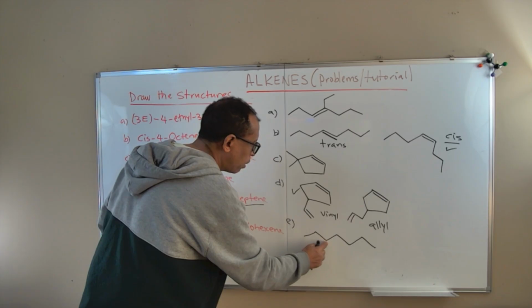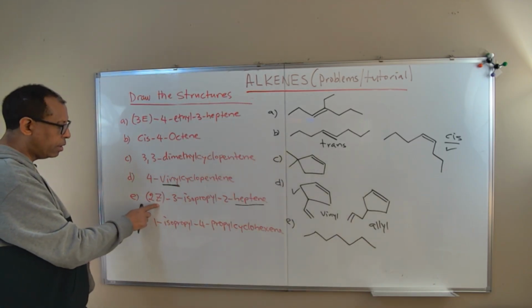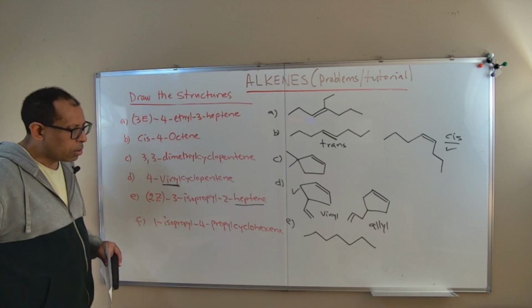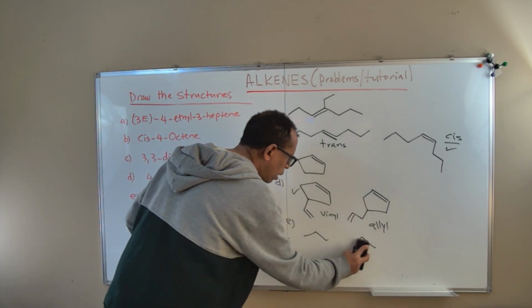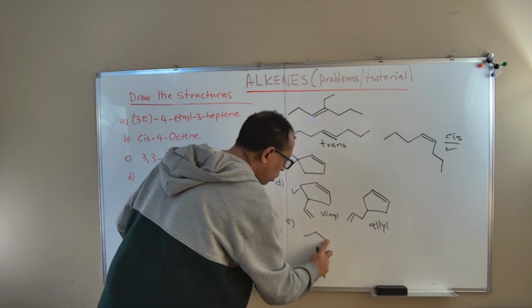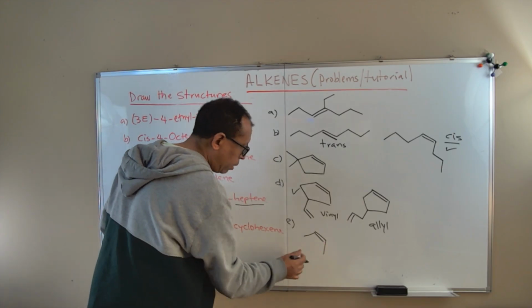And at 2 position, I have a Z configuration. So to draw Z, the best way to do it is to do it like this. So the alkene would have a Z configuration.